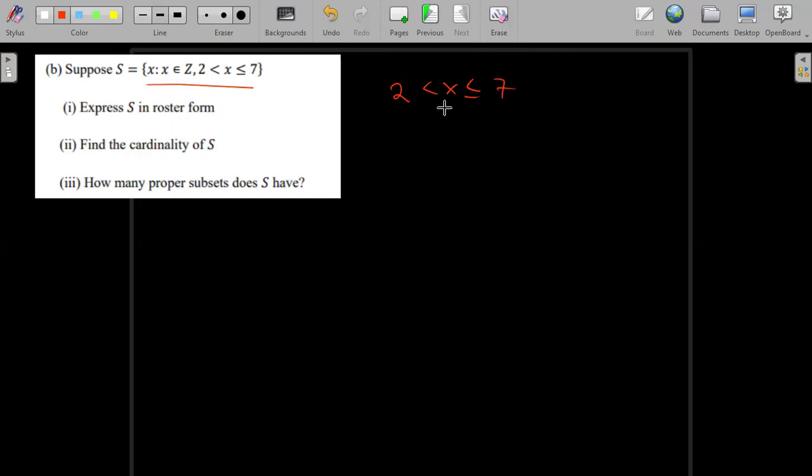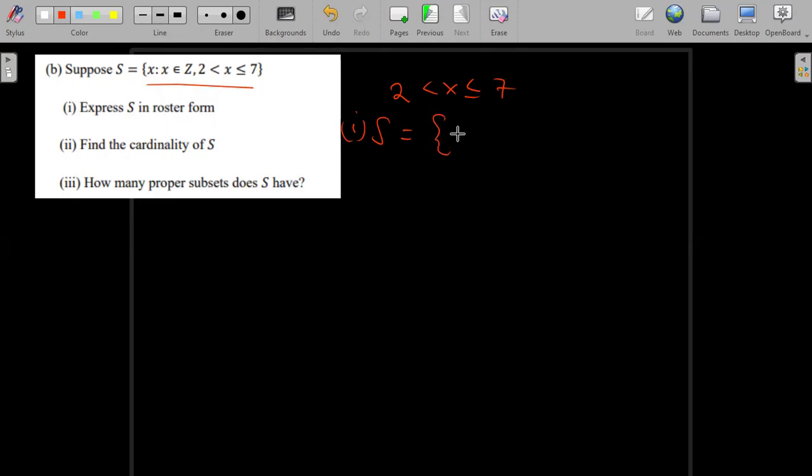So 2 is not part of it because there's strictly here a less than symbol. But 7 here, there's an equal to, so meaning 7 is part of there. So meaning when listing this set S, I'll start listing. Oh, and I'm also answering already the first part of the question because the first part is asking us to express S in roster form. And roster form is just listing. So we can list those elements.